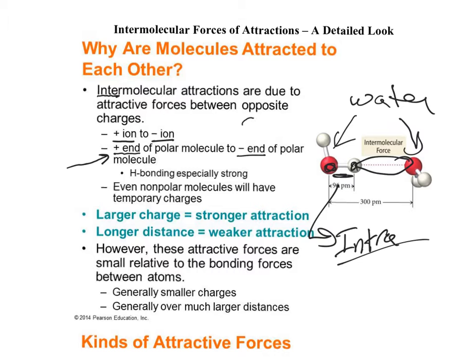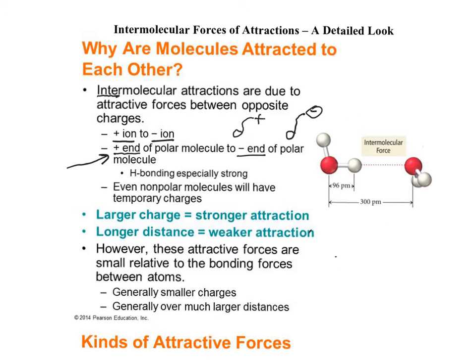Partial charges, usually you'll see them written with the delta. So one end will have the partial positive charge, and the other end will have a partial negative charge. And then those ends will align so that the partial positive charge is interacting with the partial negative charge.